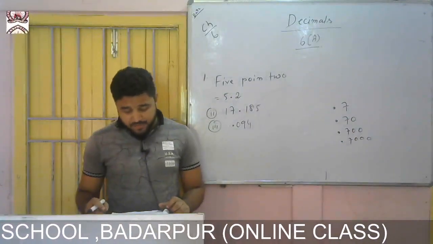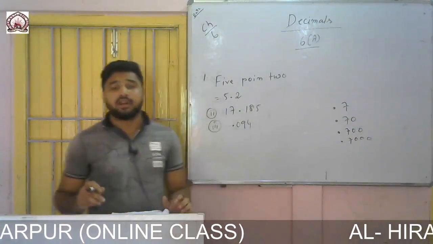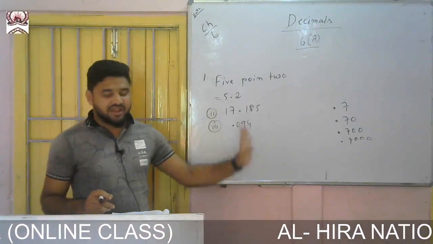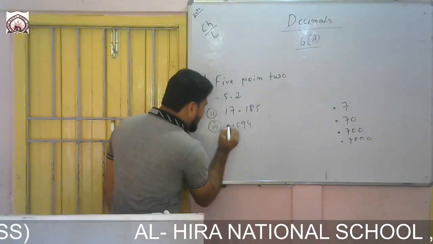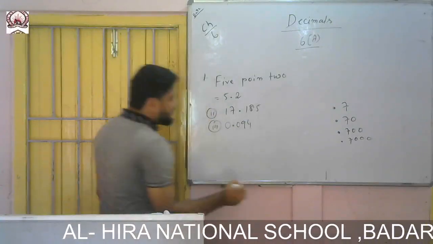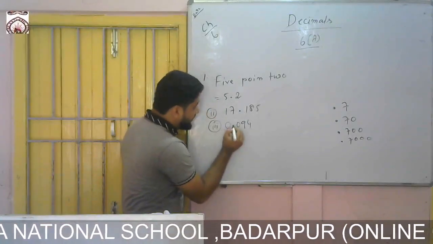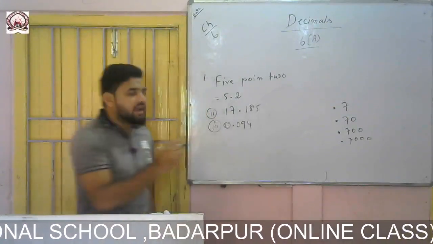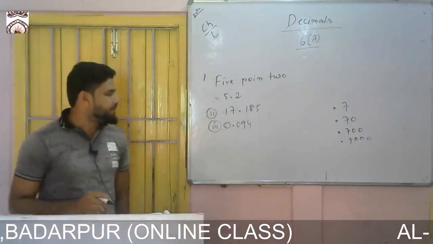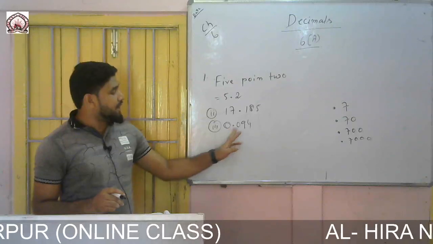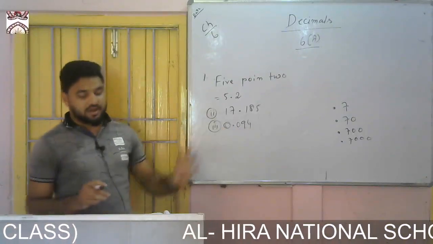Any number of zeros may be put to the extreme right of the decimal part of a decimal. The value of the decimal remains unchanged. Okay, and before the point you can add 0 also, to make clear that there is a point in between the integral part and the fractional part. So 0.094 you can write as 0.094.